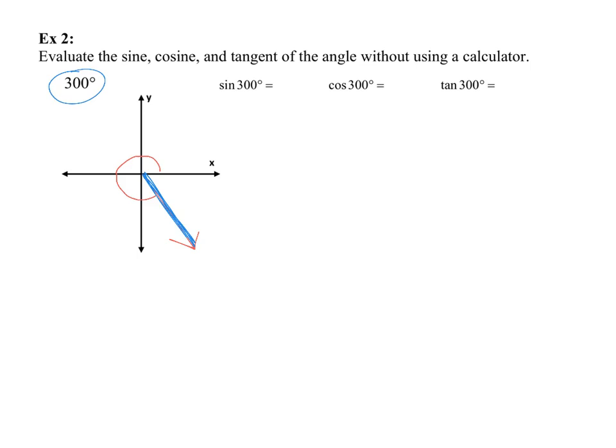Always towards the x-axis. There's my right angle. So I rotated 300 degrees. What is my reference angle, though? That's very important. It's not too difficult to figure out now. That's just going to be 60. They should add up to 360 together. You could just do 360 minus 300 for that.